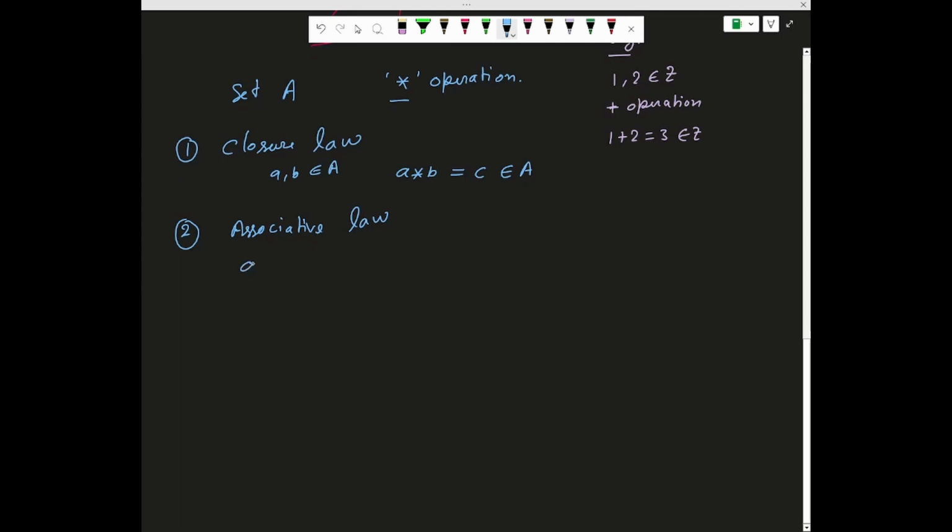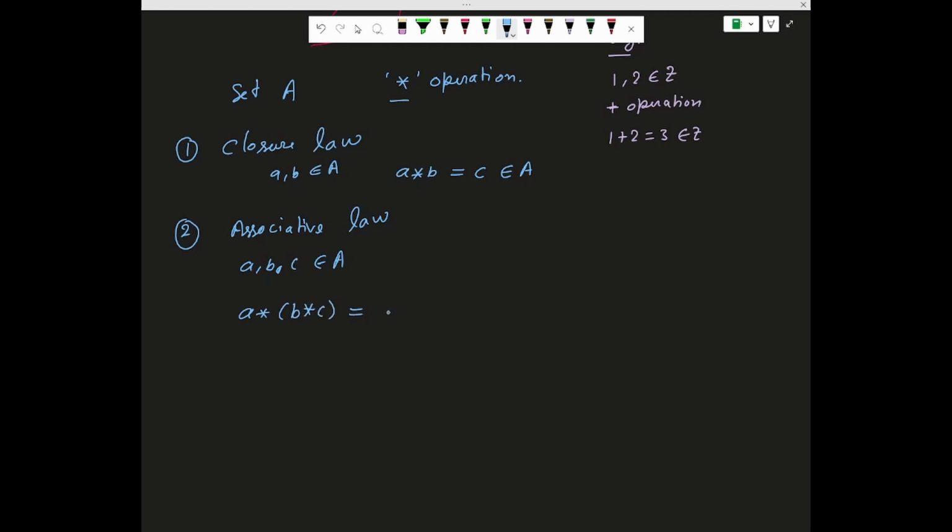It says that if you choose 3 elements from our set A and we are applying this operation, then it must not be dependent on the order of application. Whether you are applying this on B and C first, then applying to A, or applying between A and B and then applying C, it should be the same. This is what the associative law is.